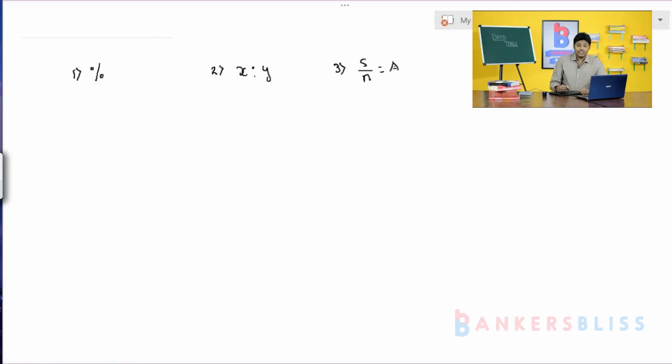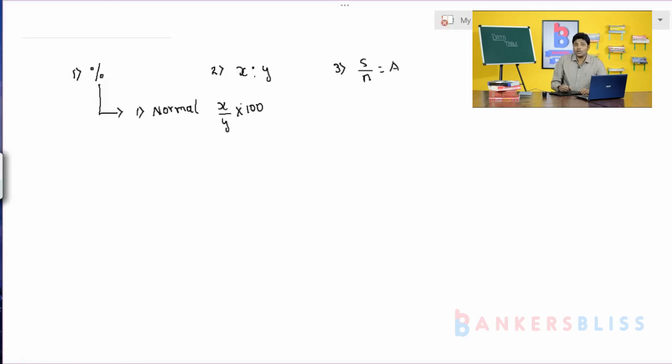Again, they are going to bifurcate the percentage into 3 parts. The first one is normal percentage calculation, that is x divided by y into 100.